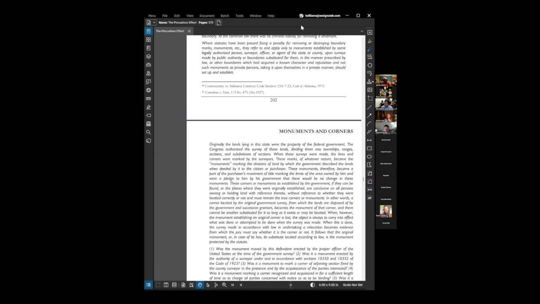So a couple of things to consider there, but I can see why pulling a corner, if given permission from the setting surveyor, the retracing surveyor, the original surveyor, and getting some sort of permission on whose corner that belongs to, and working with both adjacent landowners to do it, I can see why that would be a good thing to do from time to time, so that we don't cause confusion and pull out corners and leave a pincushion there.